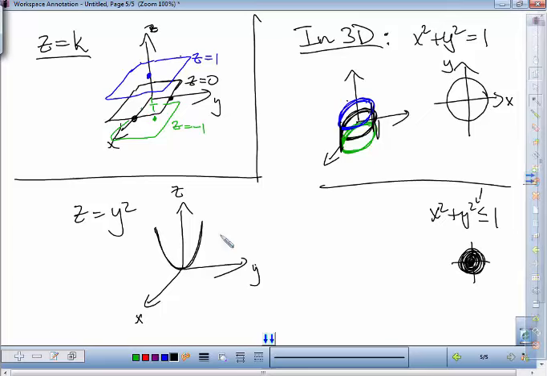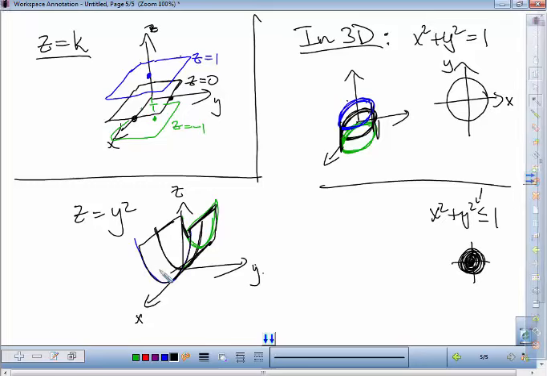This is your z is equal to y squared parabola, and move it along the x-axis. And then when you draw it out, you probably want to make sure that you take into consideration the visualization of things, like what gets shaded, because there's going to be some things that are behind something.